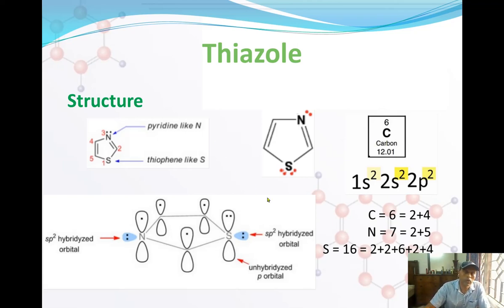In the unhybridized p orbital, 2 electrons are going to go. So we are going to have 3 from carbon, 1 from nitrogen, and 2 from sulfur from their unhybridized p orbitals. These unhybridized p orbitals are going to form a cloud. They are going to form pi bonding.